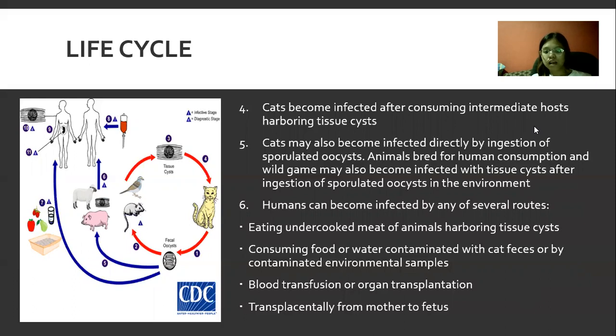So either eating undercooked meat of animals harboring tissue cysts, consuming food or water contaminated with cat feces, or by contaminated environmental sample, blood transfusion or organ transplantation, and it can be transmitted transplacentally from mother to fetus.